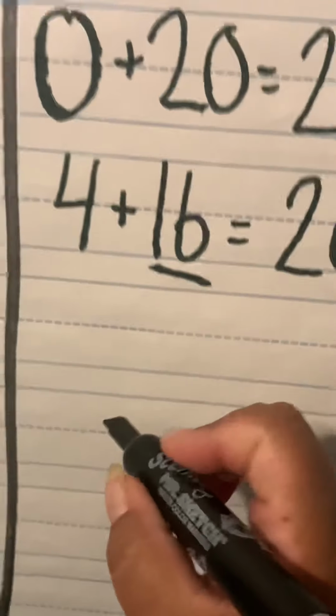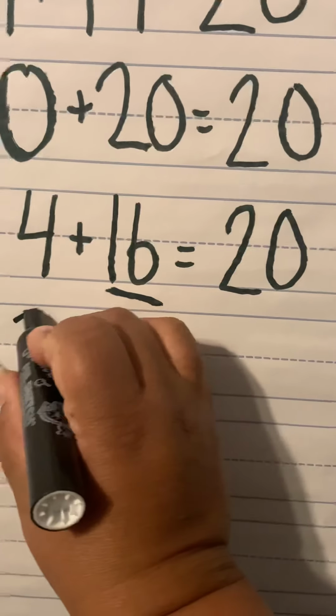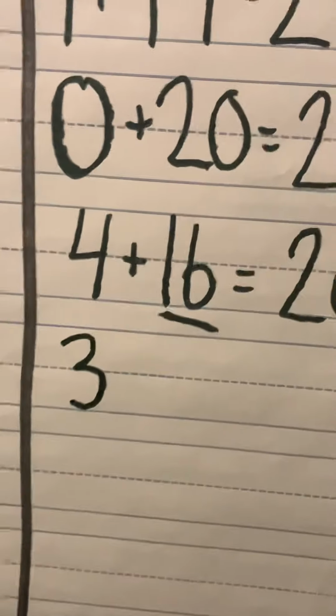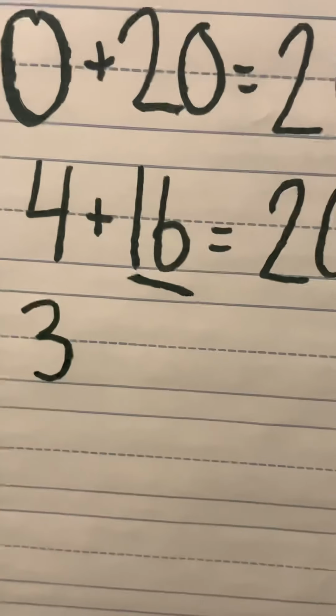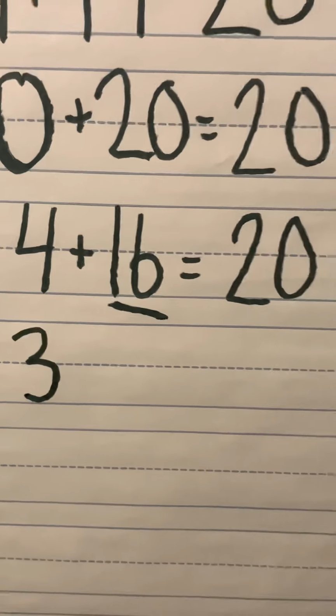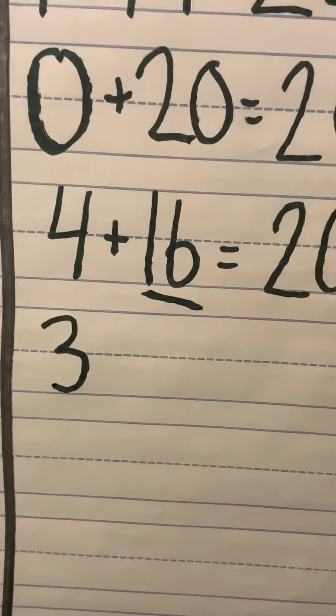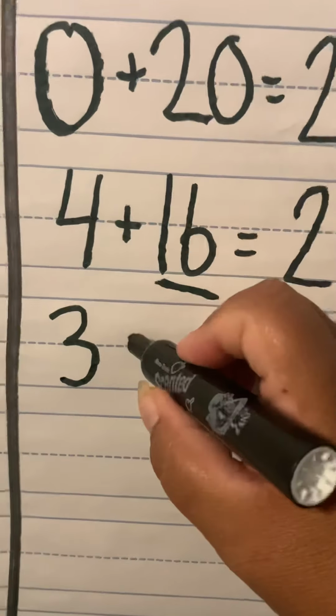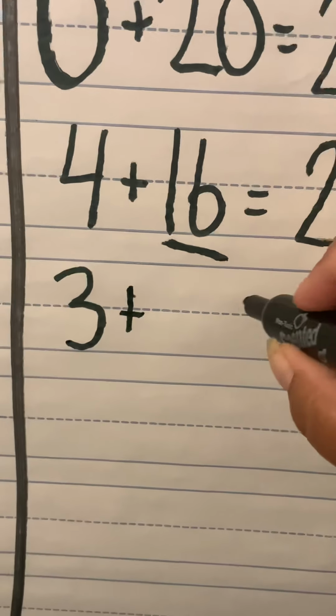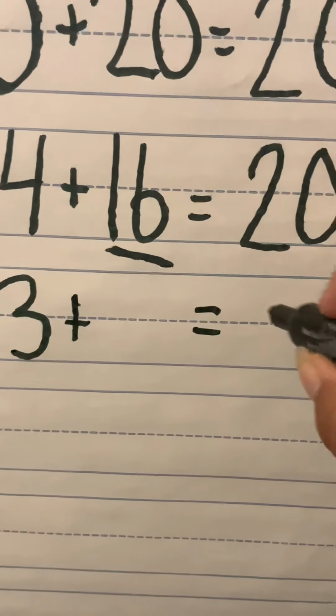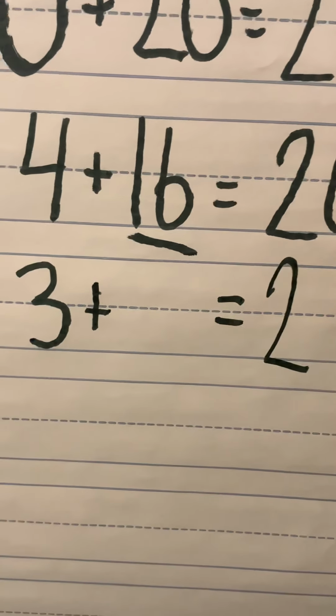Now the question is, how many to get to 20? So I know I have 3, and I want you to take a look at yesterday's. So yesterday I needed 16 to get to 20 after 4. So using this equation, can you figure out quickly how many I need to get to 20?